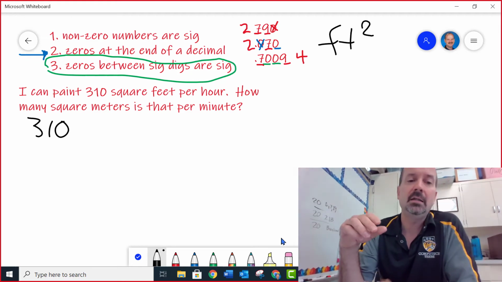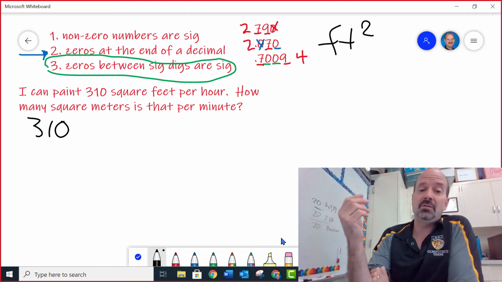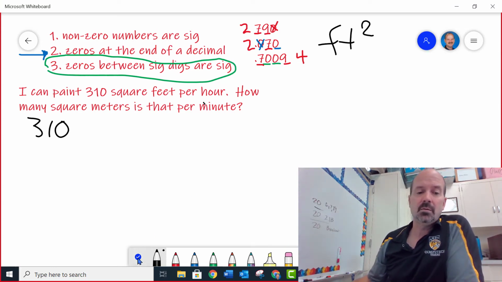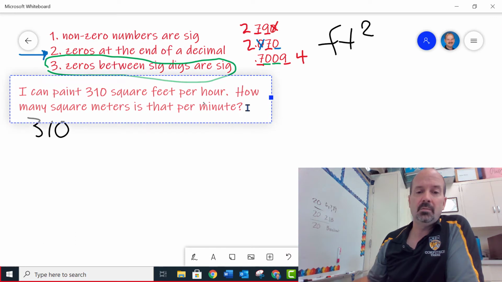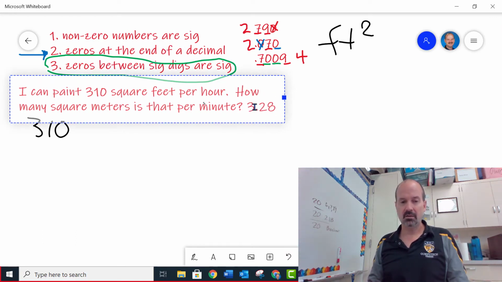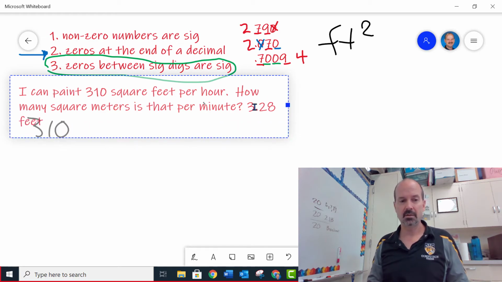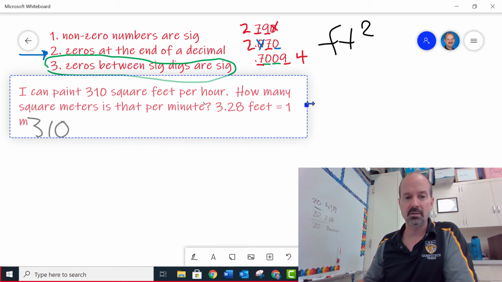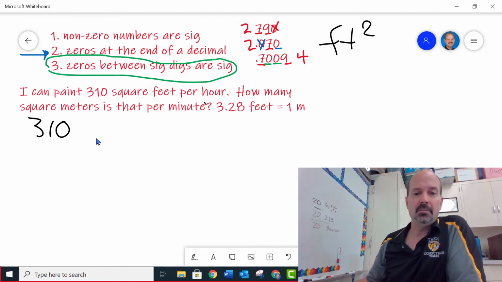But I find I don't have a conversion factor for that. Oh, I forgot to put in a conversion factor. So let me do that real quick. Part of the problem usually tells you 3.28 feet equals 1 meter. All right, let me stretch this out so it doesn't overlap the other one.